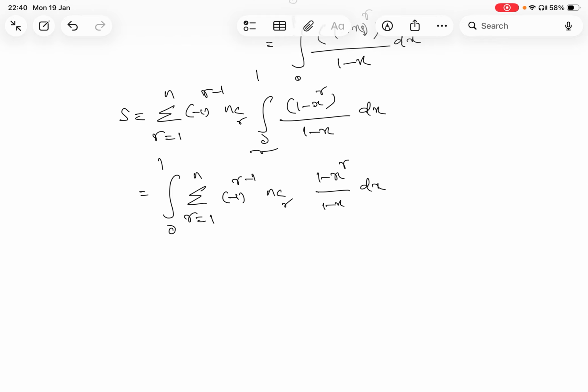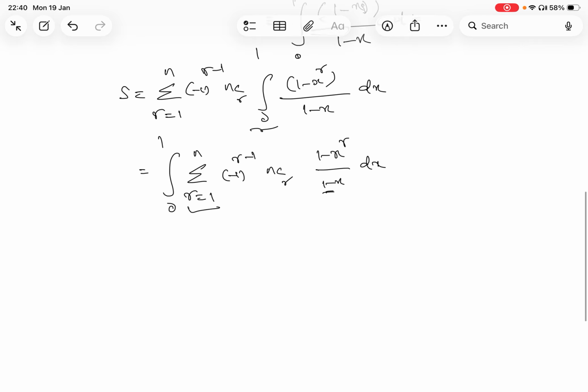Now, let's do the summation first. Here, as you can see, in the denominator there is no r dependency. So keep the integral 0 to 1 at the left-hand side.